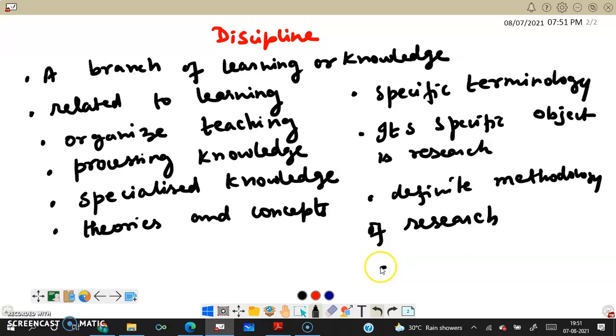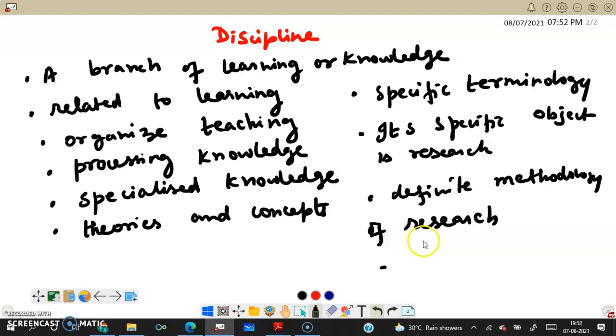Every discipline is a little bit different, right? For example, in philosophy we normally deal with qualitative research and phenomenology, which is specific to certain disciplines, though it is used in education also. And in education, experimental research is specific to that particular discipline. So this is all about the discipline.